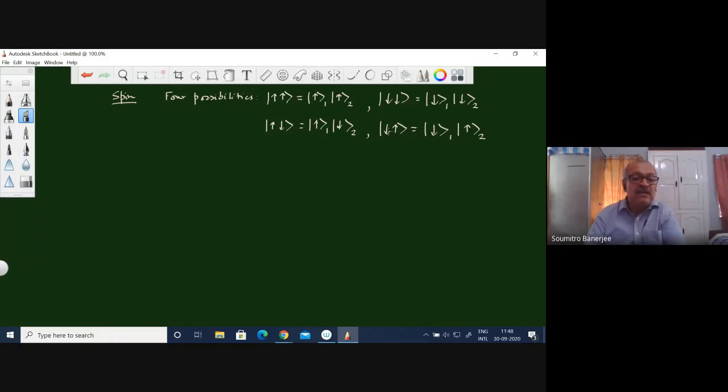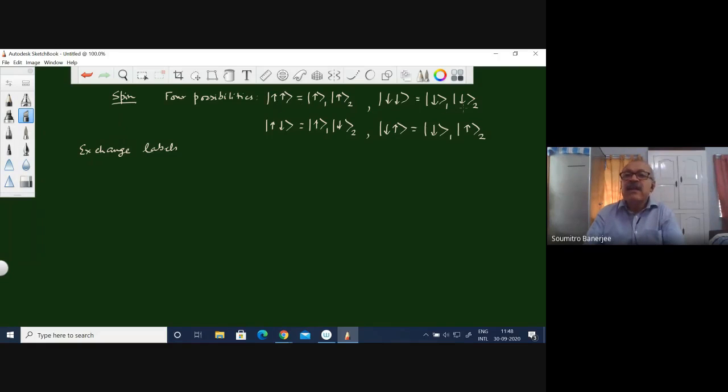So we exchange labels. If I exchange the labels, this one becomes 2, this one becomes 1, this remains the same. So the first one satisfies the condition of being symmetric.